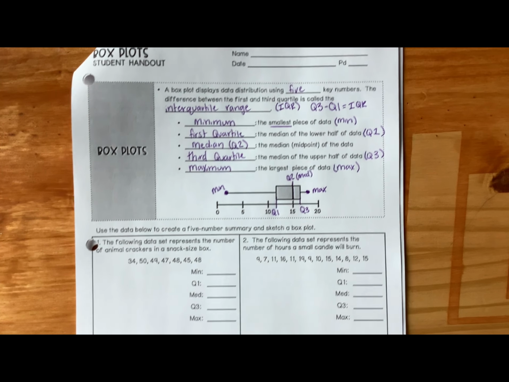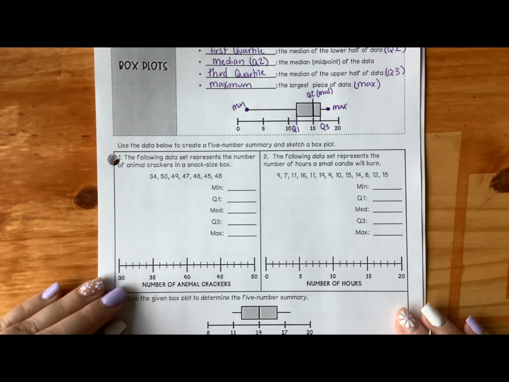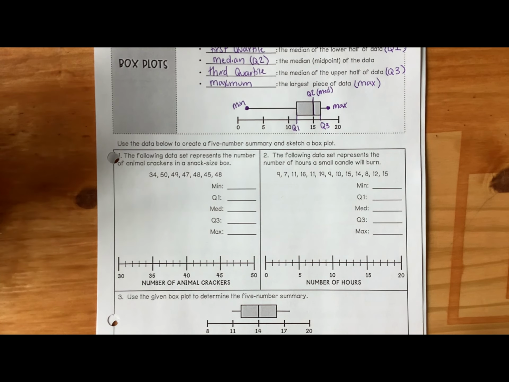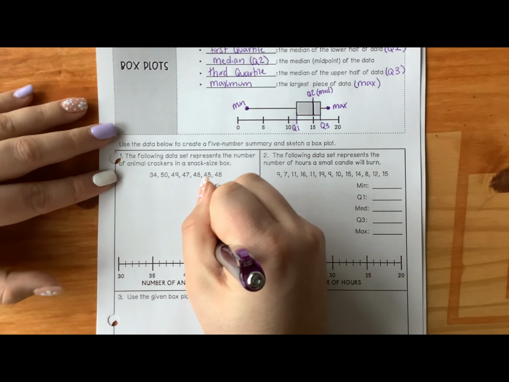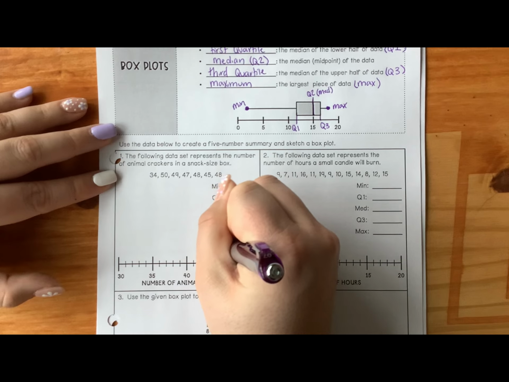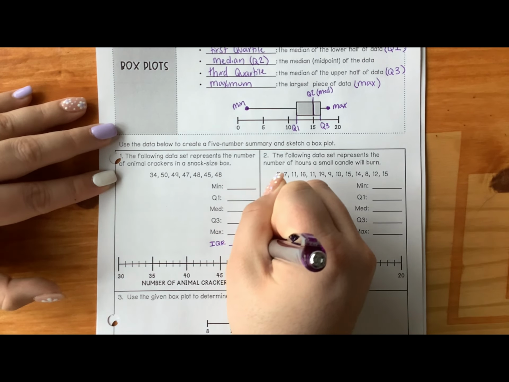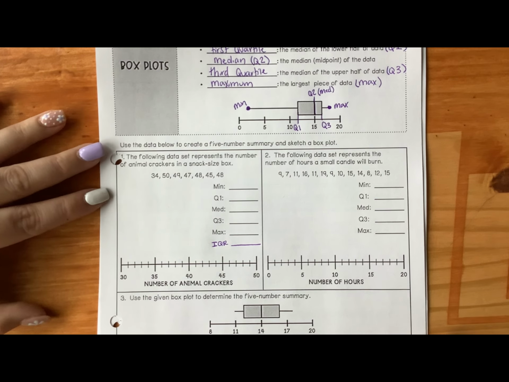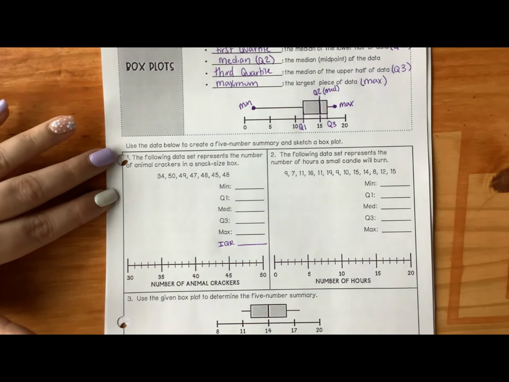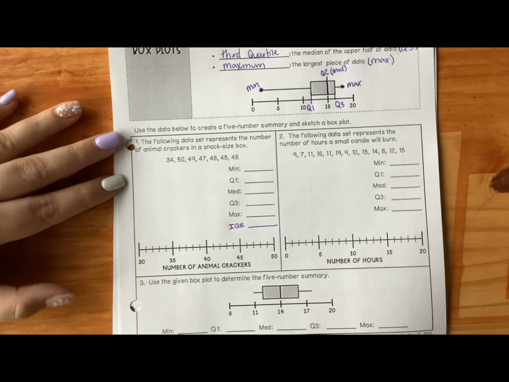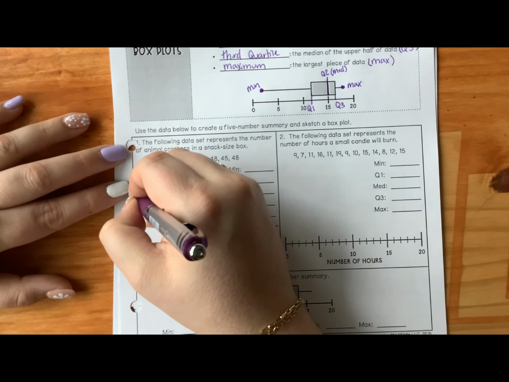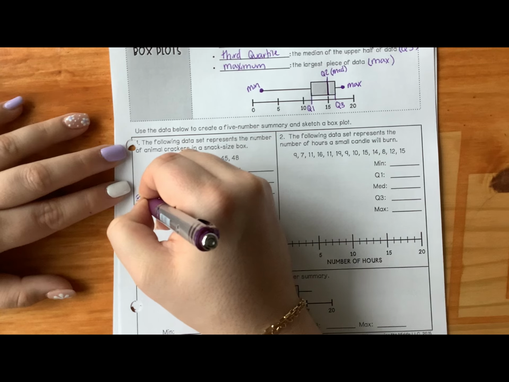Now we're going to go down and work these two out, finding our minimum, quartile 1, median, quartile 3, maximum, and then we're also going to find our IQR. So we put our numbers in order from least to greatest, because that's what we need to do first to find our minimum and maximum, and then our median. Our minimum, or our smallest number, is 34.